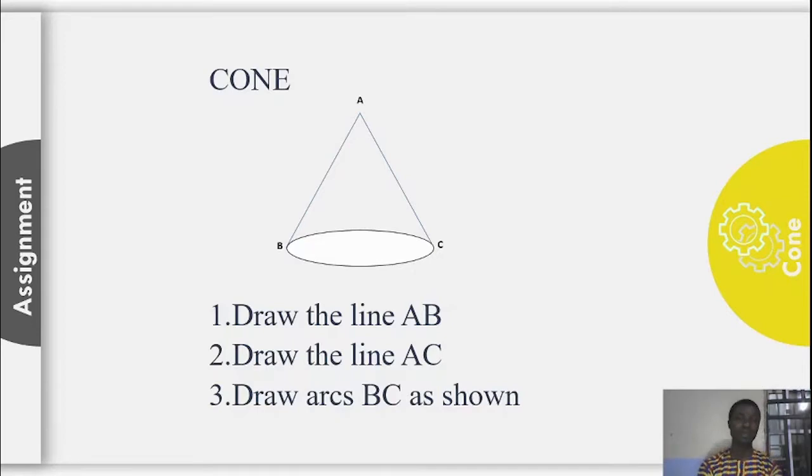We have been able to form a cone. Okay? First, you draw line AB, followed by line AC, and finally arcs BC as shown below, or rather as shown above.